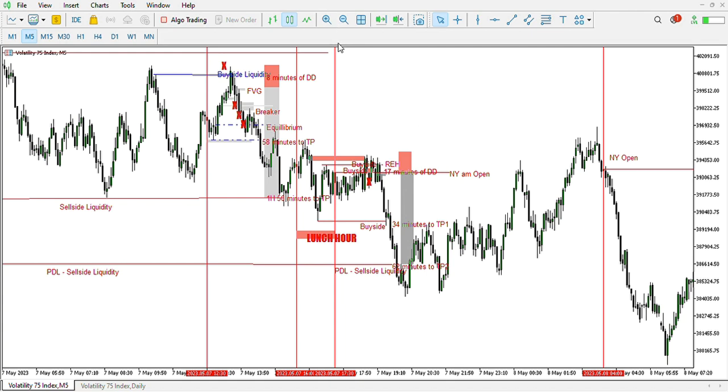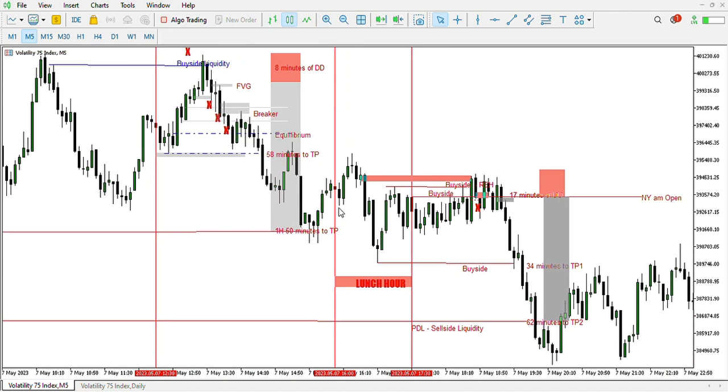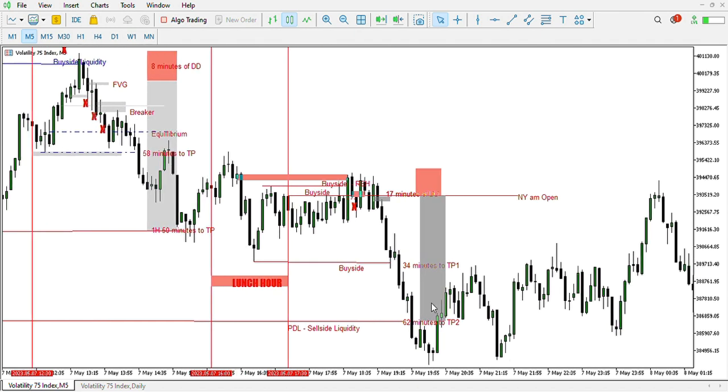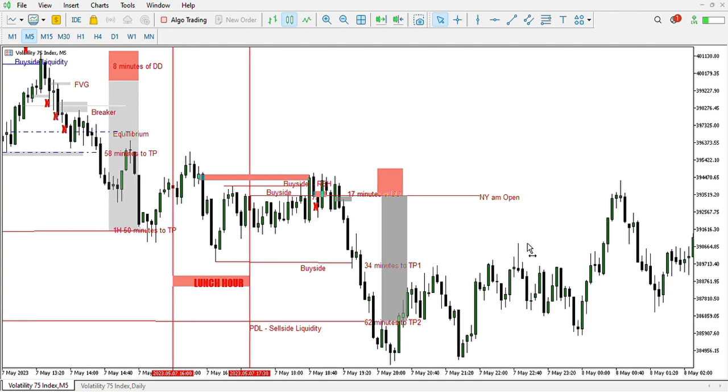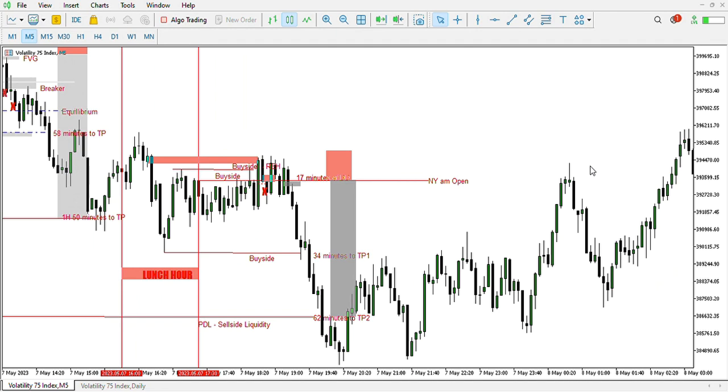You see that? Took this one out, created a fair value gap, hit it. Did it take out that low? No. It moved higher, taking out these relative equal highs, that high, and ultimately above the open, which is going to act as support and resistance.